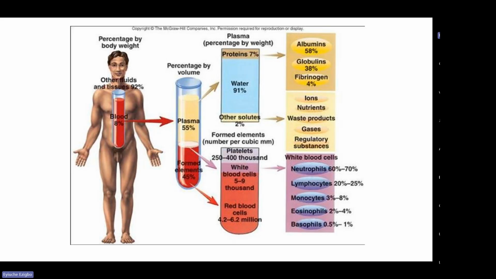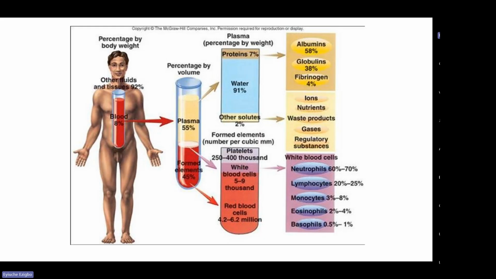When you look at this slide, you see the patient that donated blood. When we collect blood from a donor, we call it whole blood. This whole blood is made up of a lot of constituents or components.